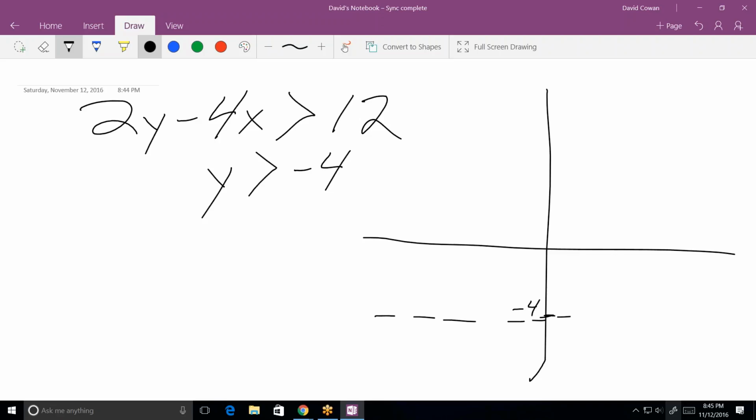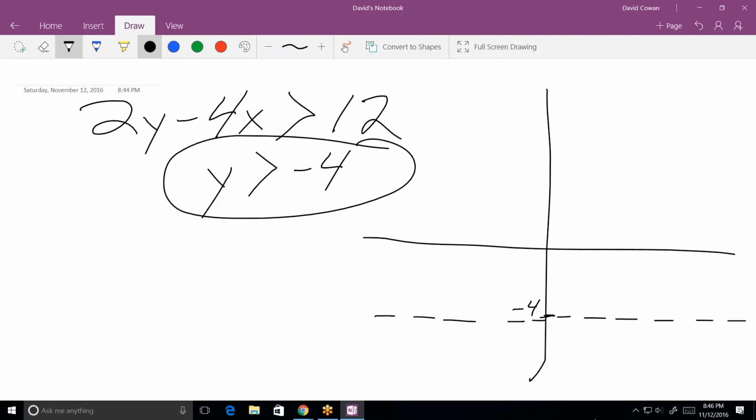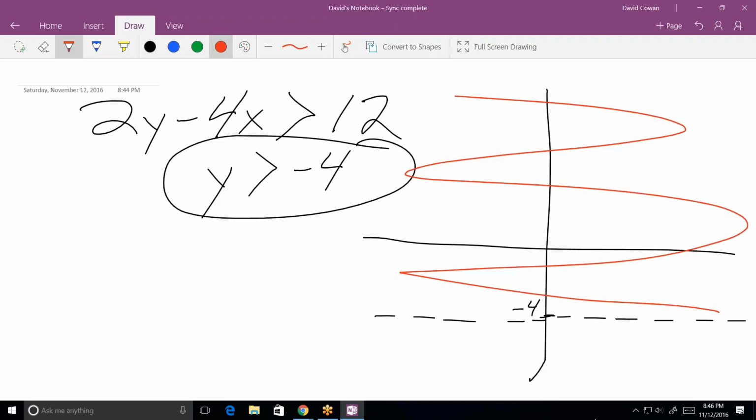And it's dotted because it's greater than, not greater than or equal. So that's this inequality here. Which side of that would I shade? Above. Correct. So that's this whole area.